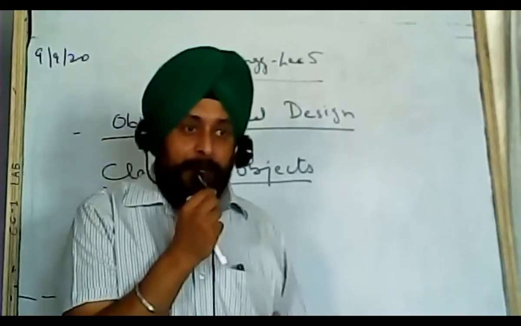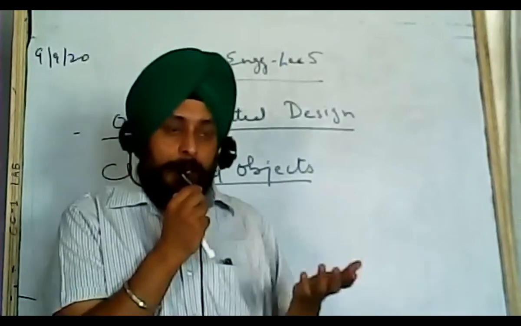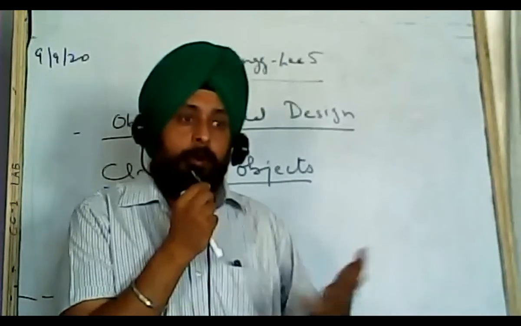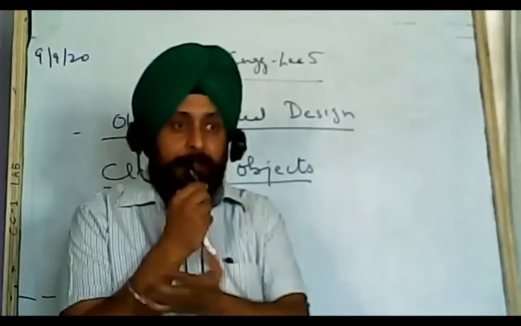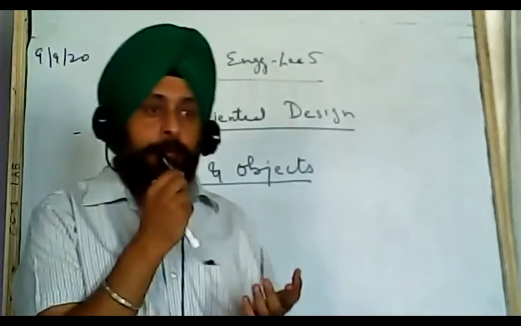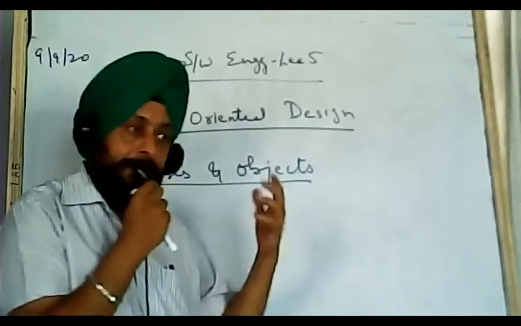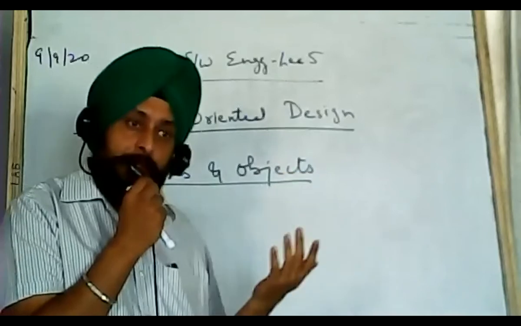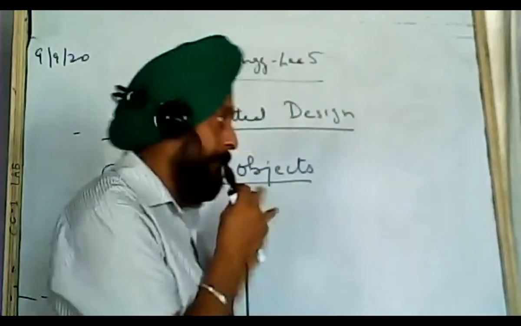Whatever the different operations that an object can perform are defined through the methods or functions. So operations, methods, function is the same name, whatever name you want to give, but in the class you have to give it as a method or a function. In OOPS, you were giving it as a function. Here in your book, it is defined as methods.